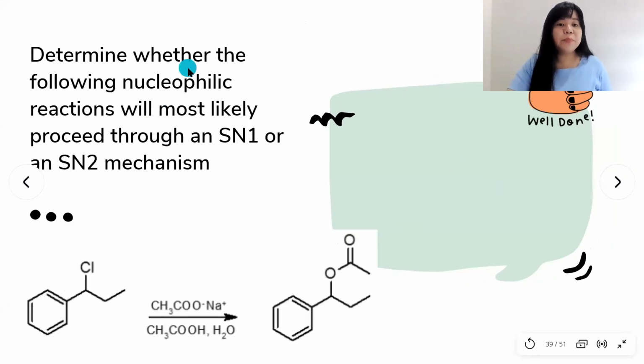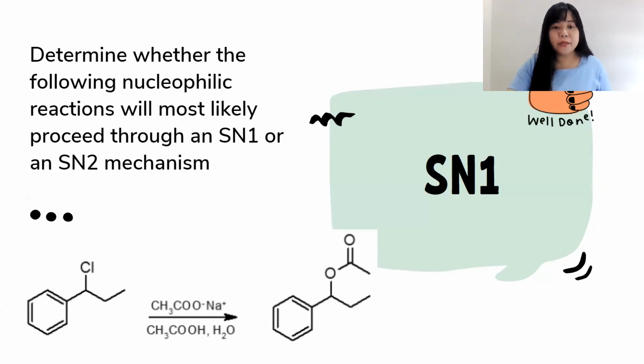Next, let's determine whether the following nucleophilic reactions will most likely proceed through an SN1 or an SN2 mechanism. So let's look at this substrate. The alpha carbon of the substrate is actually secondary, and the solvent is protic. Therefore, this will most likely proceed as an SN1 reaction.